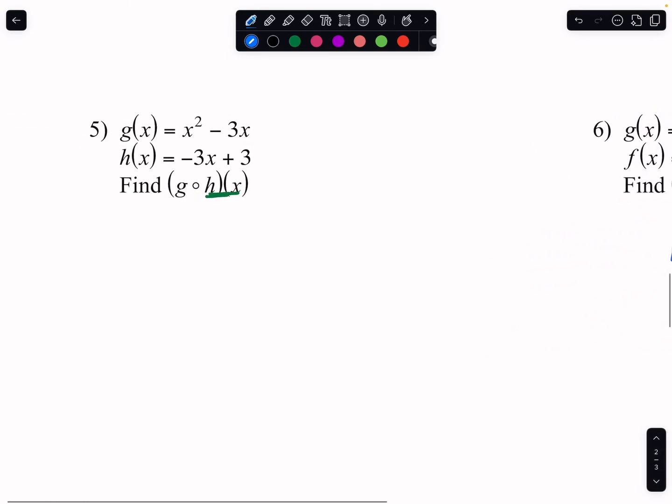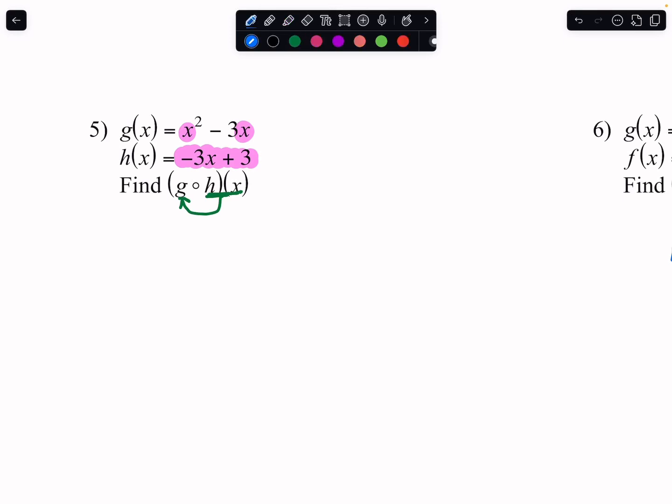So now I have to take my h of x and plug it into g of x everywhere I see an x. So I'm going to plug this right here into this x and into that x. This one's going to take a little bit more work.